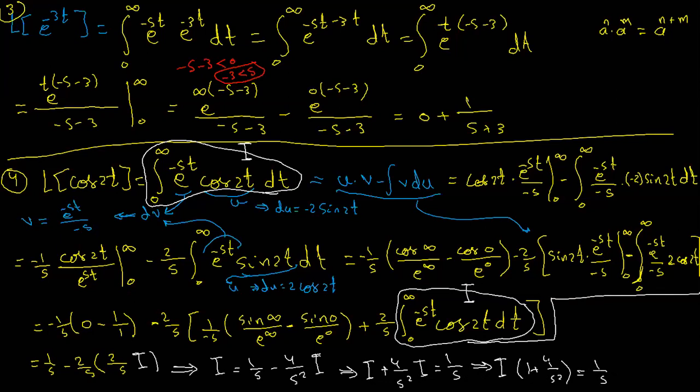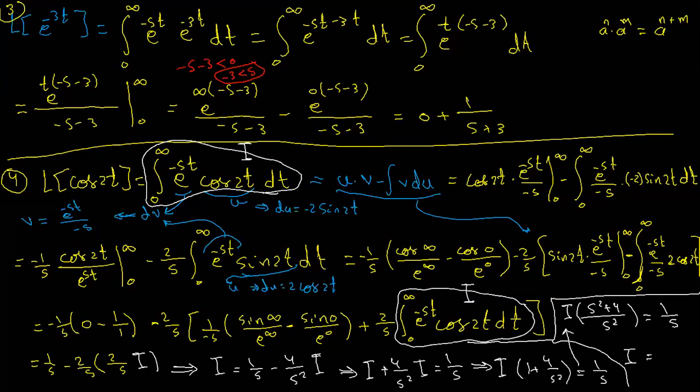Can I write those with the same denominator? Can anyone help to write with the same denominator? So you multiply here by s squared, okay? And here by 1. So I have I times the bracket s squared plus 4 divided by s squared equals 1 over s. Can anyone give me the value of I now?